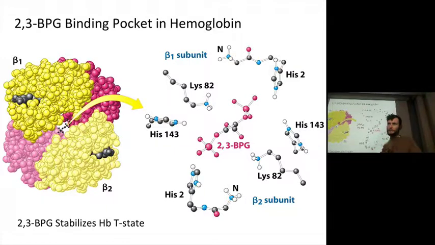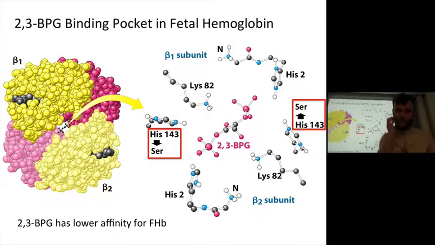You guys follow this? This has implications for fetal hemoglobin, and then I'm gonna let you go after this point. So in fetal hemoglobin, histidine 143 is mutated and is serine. That plus charge on the nitrogen here in histidine is now replaced by a hydroxyl group in the serine.